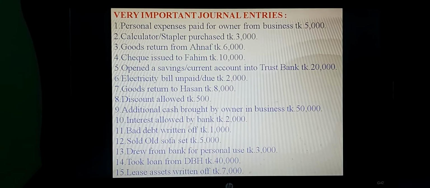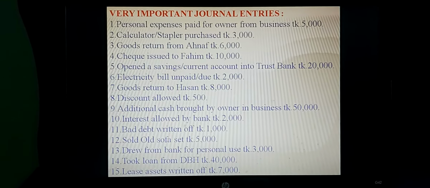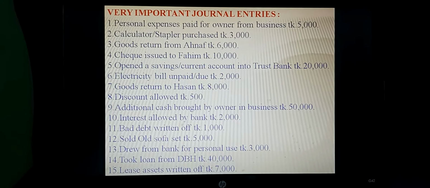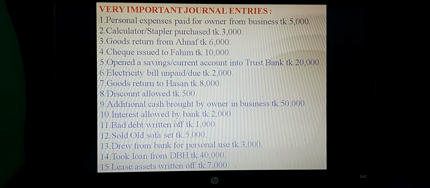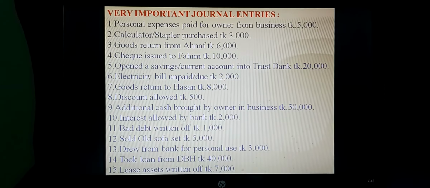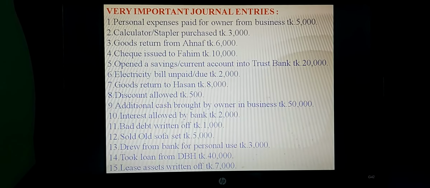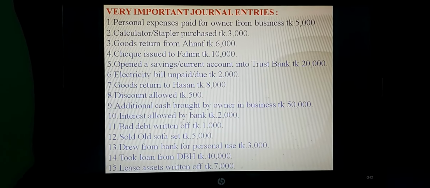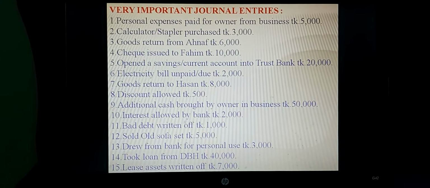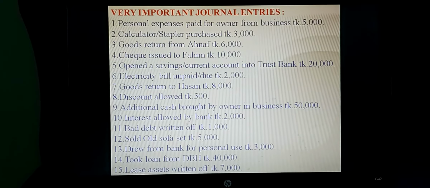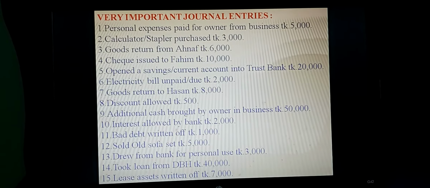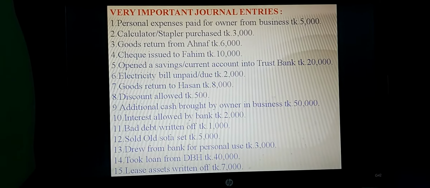Now you can go again, number 4, check issued to Fahim. That is a check is given to Fahim, that is creditors or payable. When cash given, then cash account credit. In this moment check issued or check given. For this transaction bank balance decreased, so bank account is credit, but which account is debit? Paid to Fahim or issued to Fahim, given to Fahim.